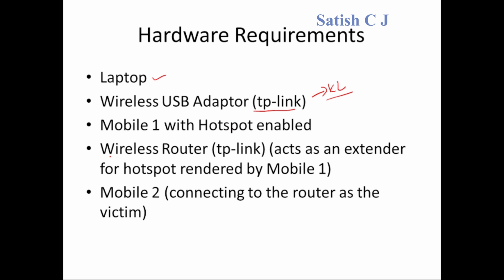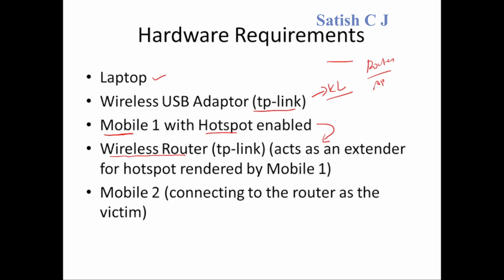And here I have a wireless router which will be my access point in my Wi-Fi network. I am giving the input for my wireless router using mobile 1, which acts as a hotspot. This is optional. For my wireless router I'm just extending the hotspot from my mobile 1 since I wanted to have a router as an access point.